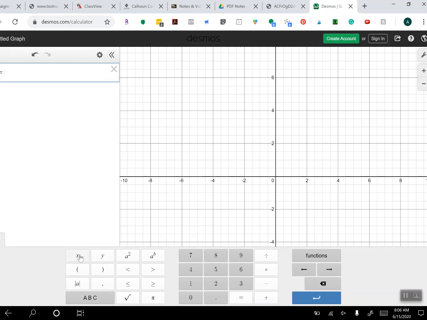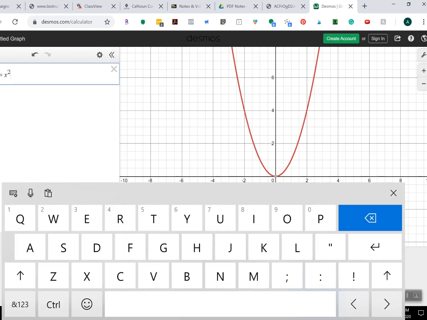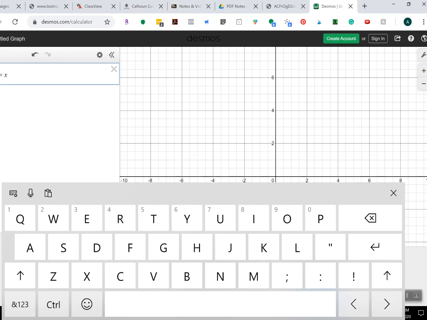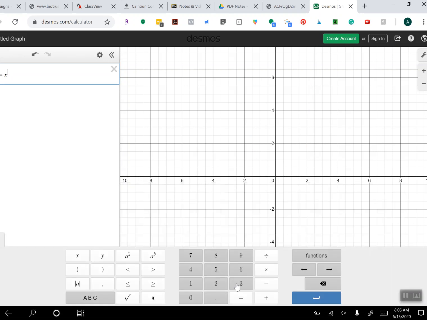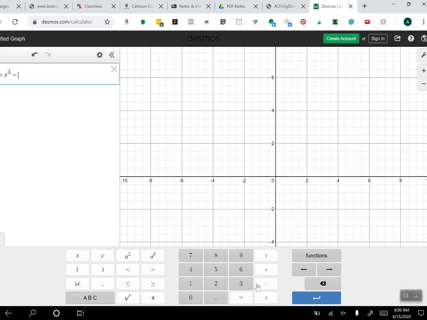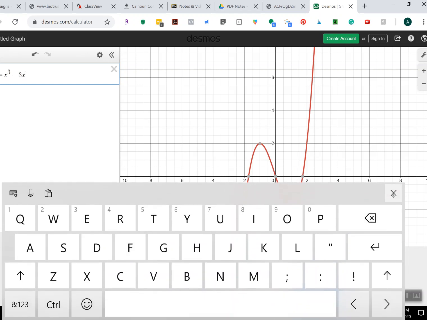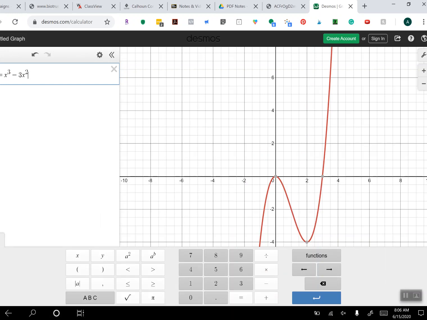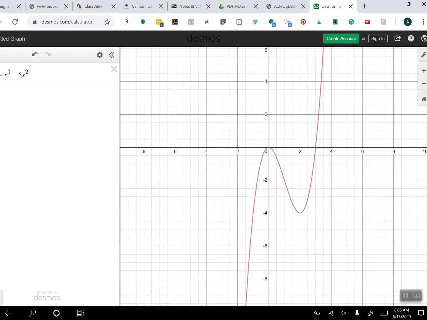So x, and then let's raise it to the third, and then minus 3x squared. Sorry about that.